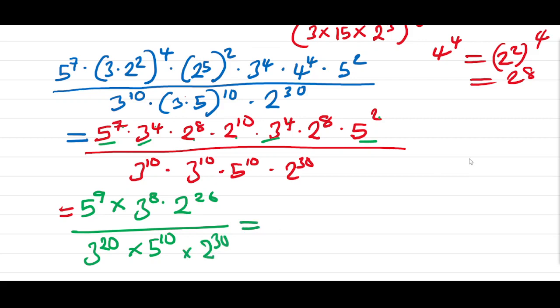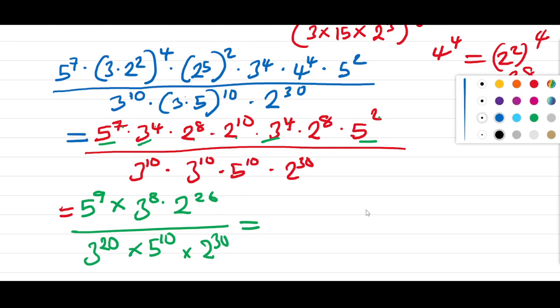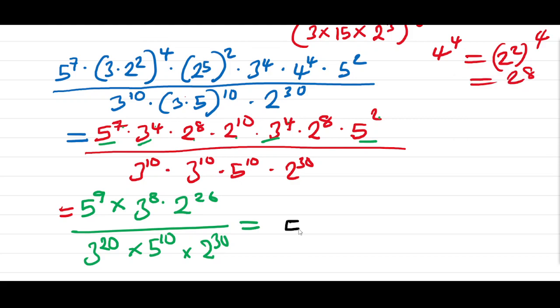So this will then be equal to, first of all, we start with 5: 5 to the power of 9 minus 10. 3 to the power of 8 is above here, so it is 8 minus 20.